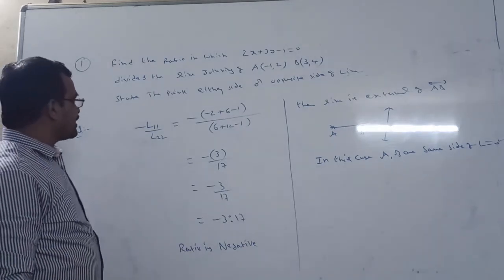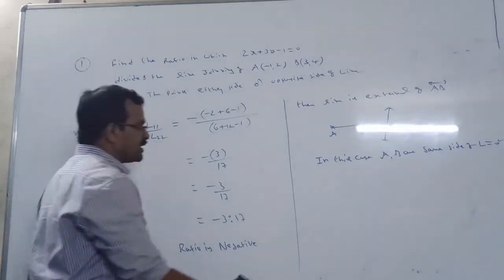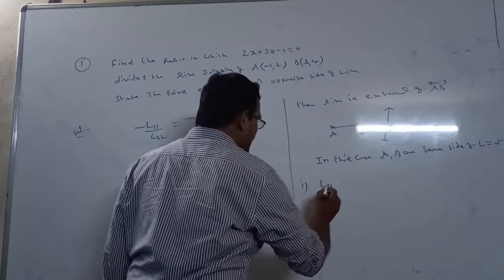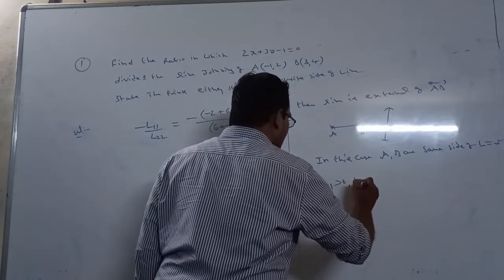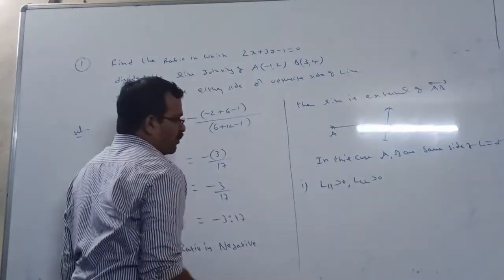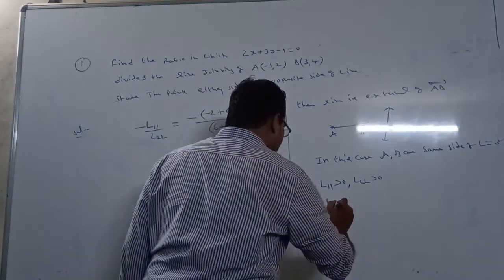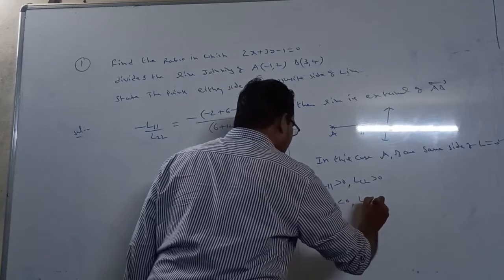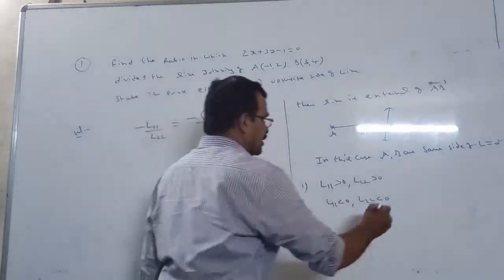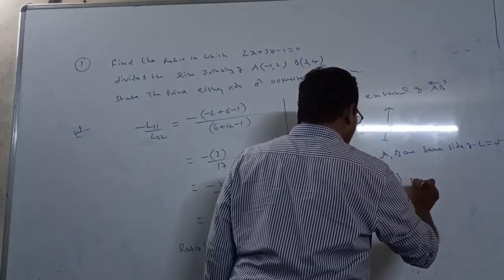Otherwise, directly find L11 and L22. Suppose L11 greater than 0, L22 greater than 0, so both should be positive, or L11 less than 0, L22 less than 0, both negative: points are on the same side.